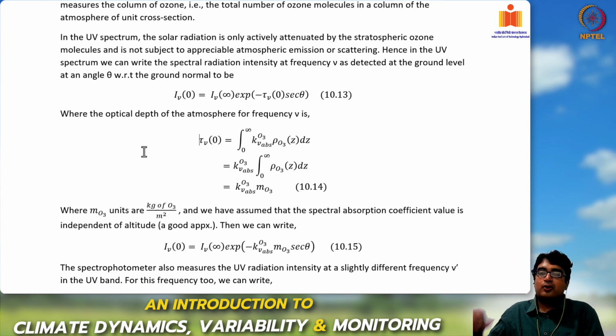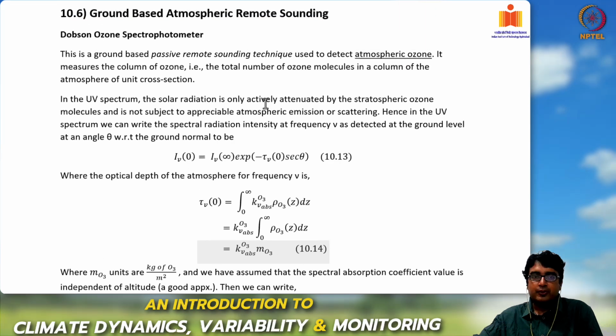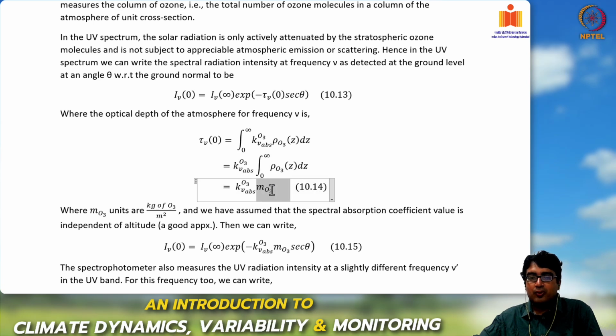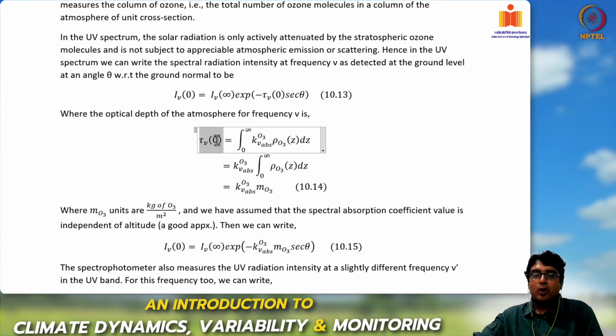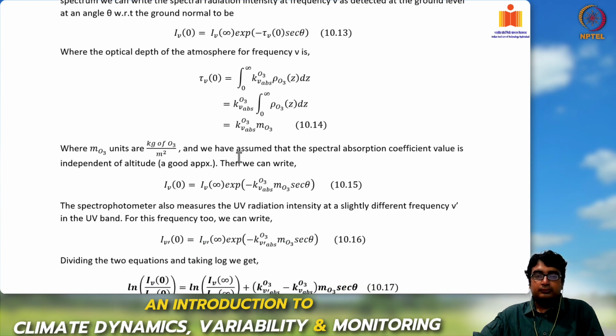And this is what we are calling the weight of the column of ozone, MO3, in kg per meter square. This is the value that we want to evaluate, and it is directly obtained from the optical depth value of ozone for that frequency nu. We have assumed that the spectral absorption coefficient is independent of altitude, as we have seen.